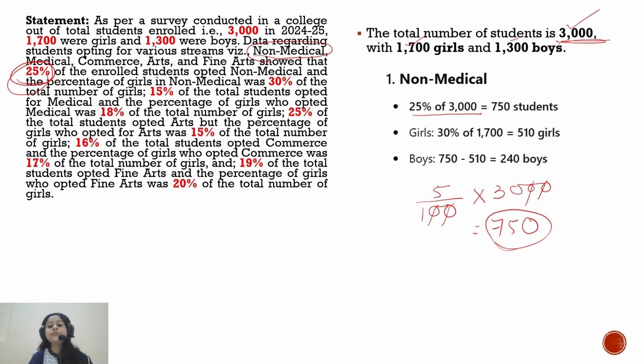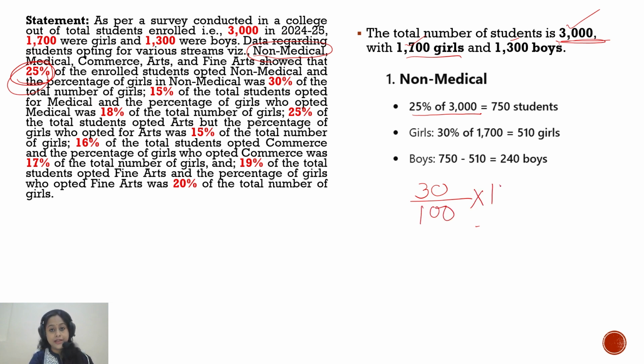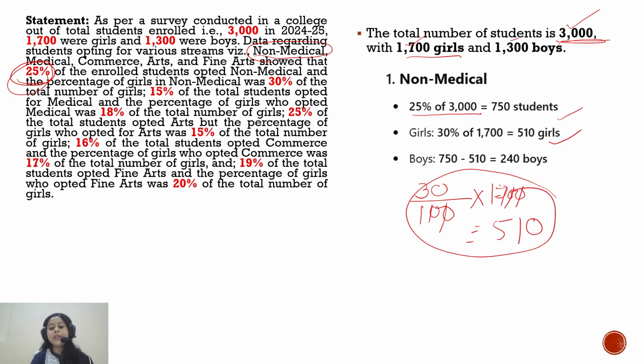Same for girl students. For girl students it is 30% of 1700. So 30 by 100 into 1700 will give you 17 into 3, which is 510.